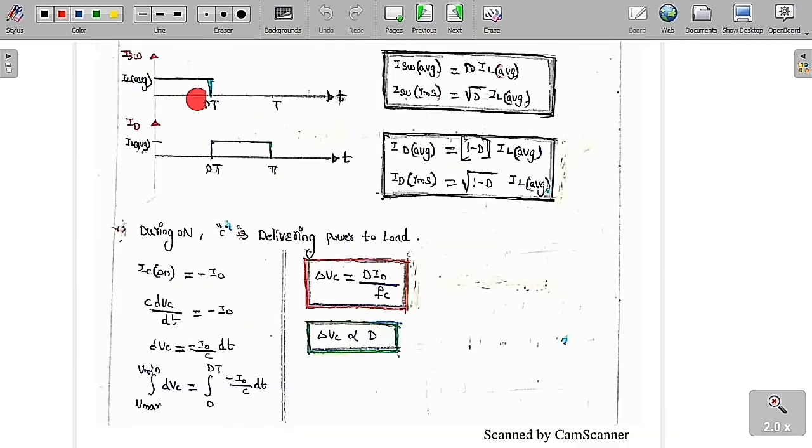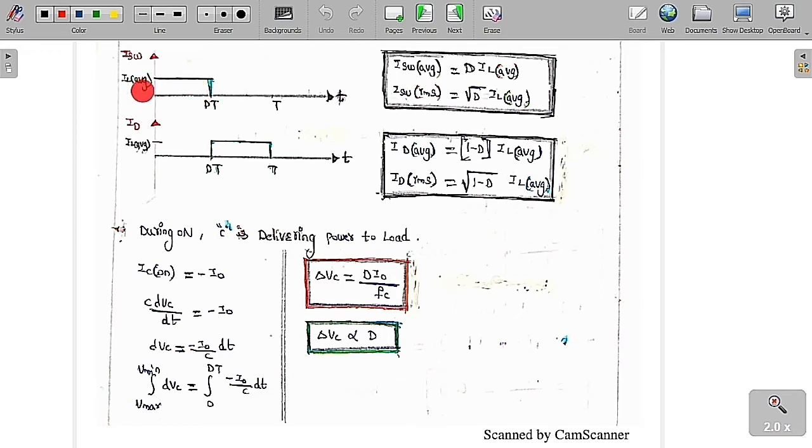So now I want to draw the switch current and also the diode current. See, whenever the switch is on, you can see clearly, whatever the inductor current is also flowing through the switch. So therefore, you can see clearly from 0 to dt, it is going to get on.